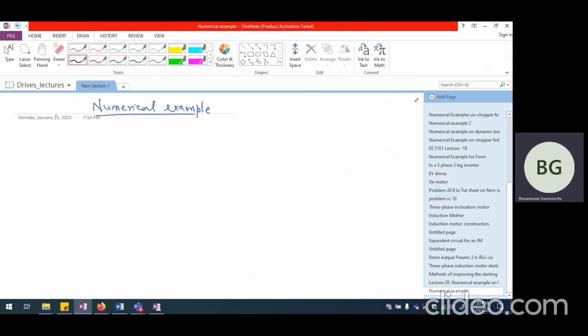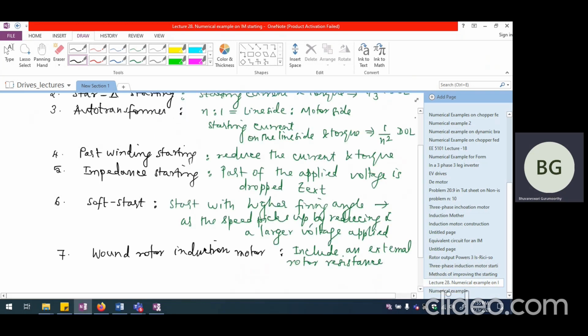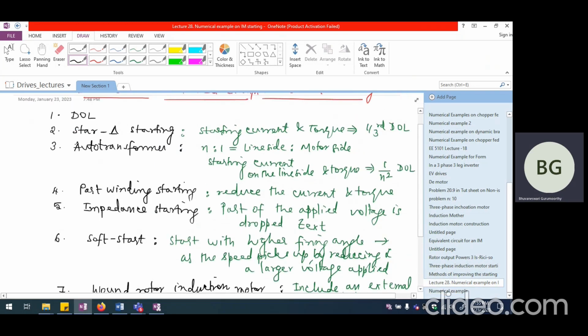What it says is that star-delta starting is being employed. When that is employed, we already said in the previous slide that the starting current as well as starting torque will be 1/3 of the DOL value.